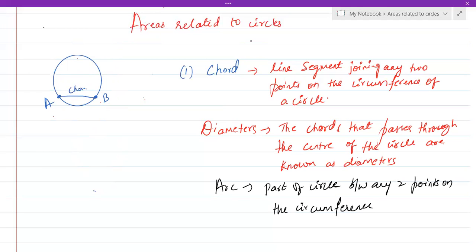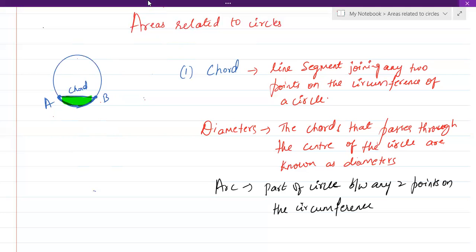Chord. Now if you observe here, the bottom part, it's just an arc, right? It's a small portion of the circle. We call it an arc. Now between this chord and the arc, there is a region. Let me shade it in green color. This region, which I've shaded in green color, is called a segment.